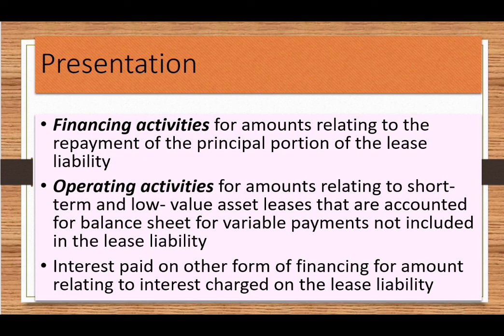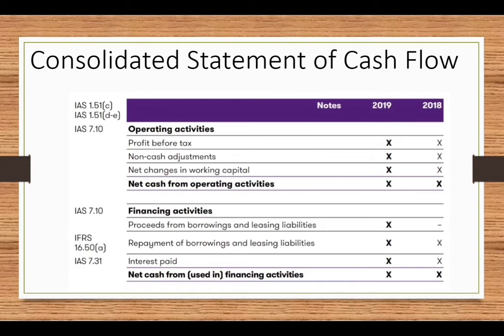So basically, usually this is a repayment of a principal, and this is maybe a small amount that is not related to a big asset and not mentioned in the statement of balance sheet, but still material to the company. Okay, and interest paid on other forms of financing is the amount relating to interest charge on the lease liability. Okay, and this is an example of how to present the information as mentioned just now.